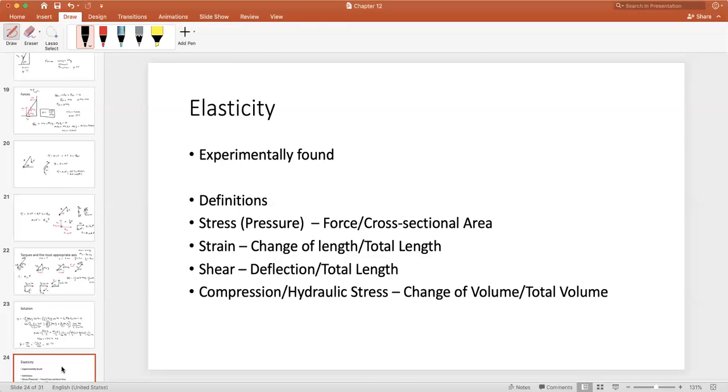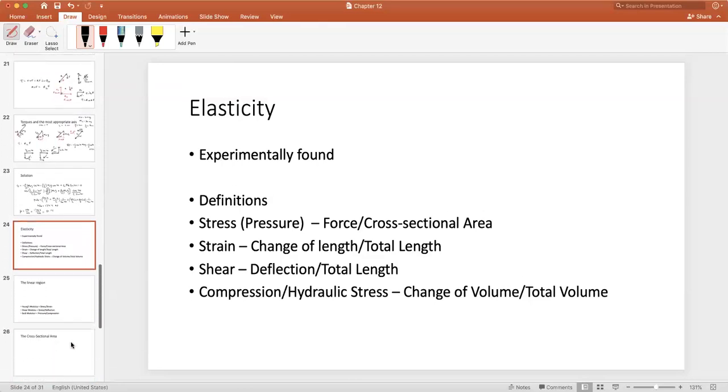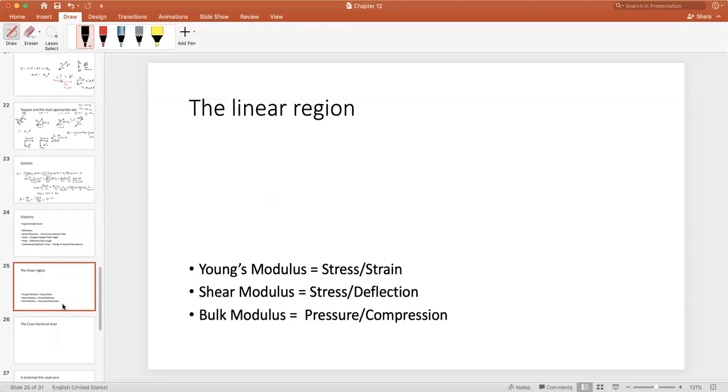Experimentally, it is what it is. The last thing I'm going to say is we're going to be dealing with very big and very small numbers. You'll see that really quickly. So it's back to that scientific notation stuff. Make sure you know how to do it so that you're not entering 1 times 10 zeros into your calculator, okay? All right, let's talk about experiments and the linear region.